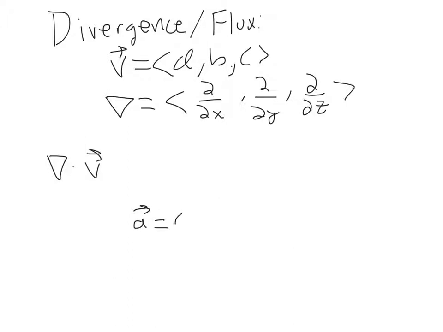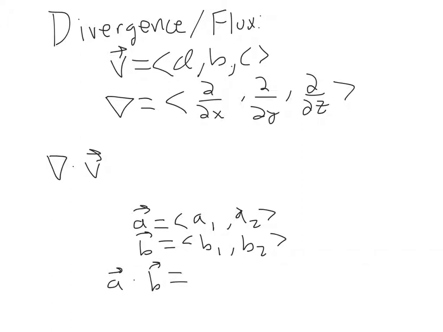If you have the vector A, which is defined by the components A1, A2, and B, defined by B1 and B2, then A dot B will give a numerical result, which is not a vector.